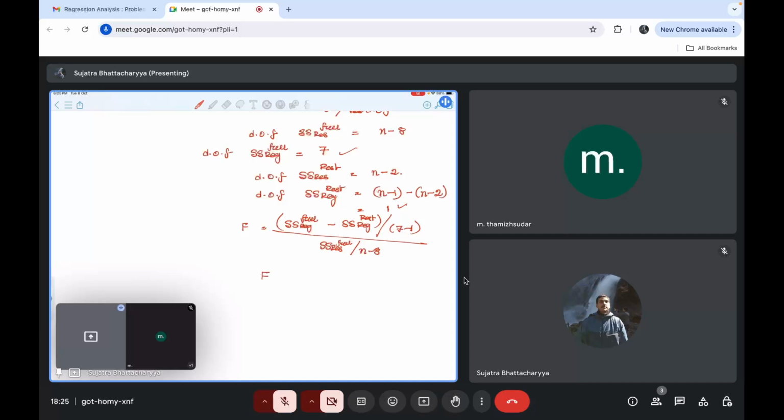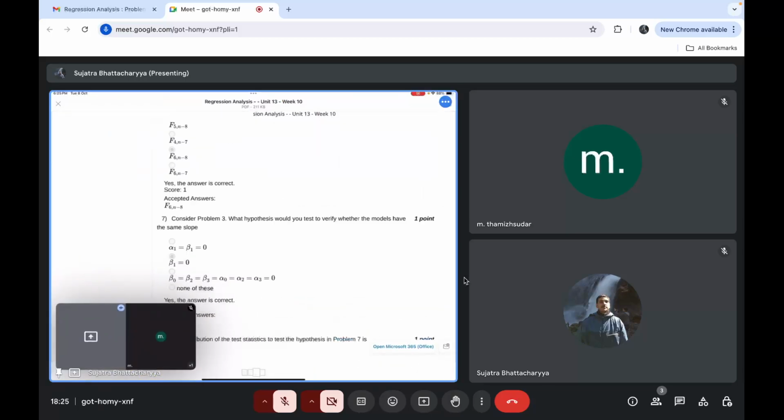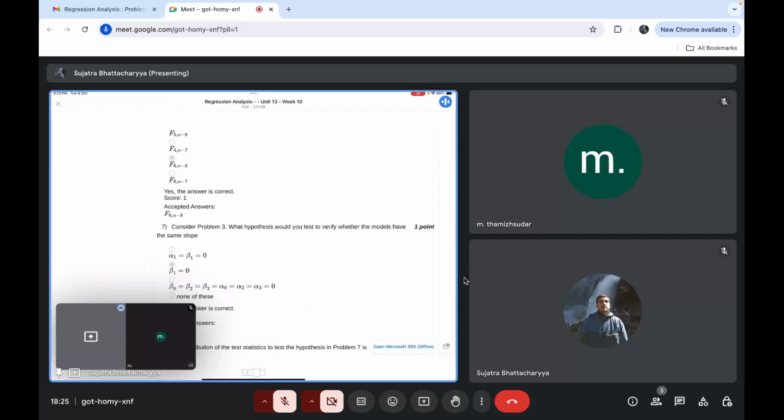Therefore, the F stat will be compared to 7 minus 1, 6 in the numerator and n minus 8 in the denominator with some significance level. So this should be the correct answer. All right, let's come to the solution. Yeah, 6 comma n minus 8. So this is the right answer.